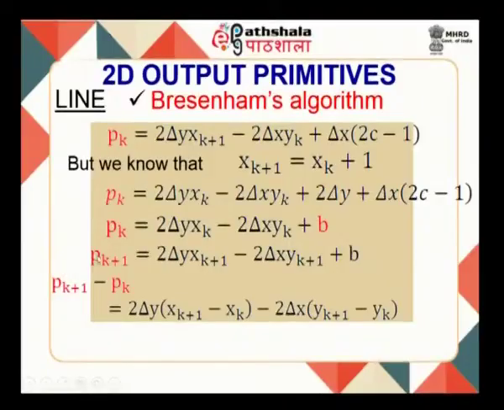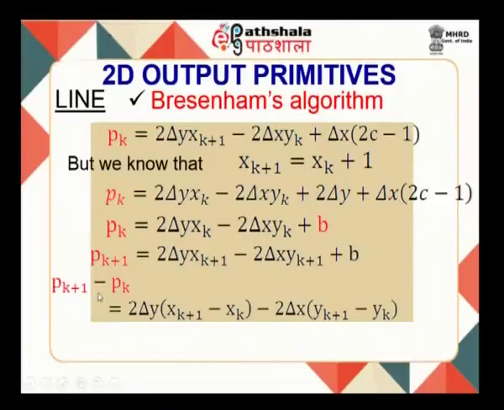So, we take the next decision parameter, with k plus 1 in the suffix, and wherever there is k in the previous equation we replace it with k plus 1, which gives 2 del y x k plus 1 minus 2 del x y k plus 1 plus b.